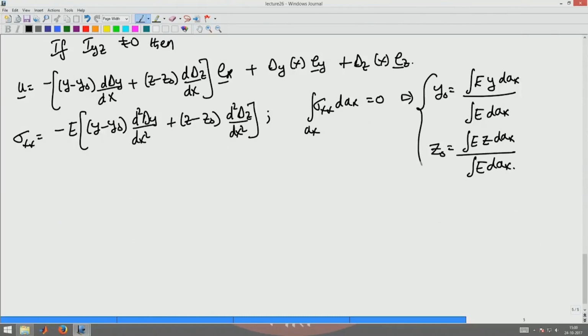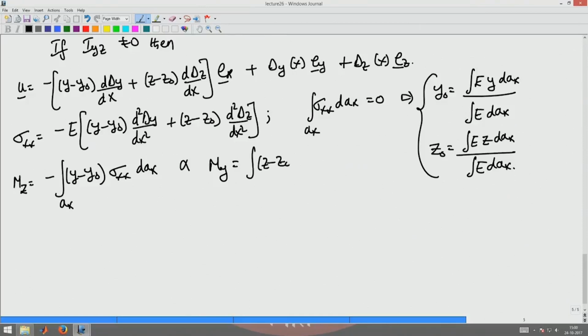These two you will get from this equation, and then you have the moment equation. Mz is given by minus integral y minus y naught sigma xx dAx, from our definition in the very first class when we began the beam bending problem. This will be the definition of Mz, and you add a definition of My as integral z minus z naught sigma xx dAx.